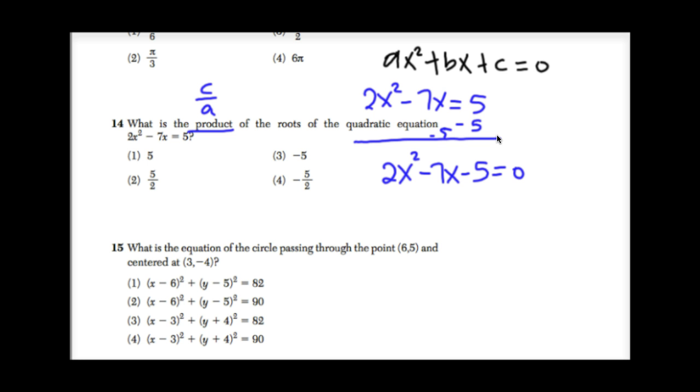Knowing this, my a is equal to 2, my b is equal to negative 7, and my c is equal to negative 5. The product now says that your product is actually c, which is negative 5, over 2, which is choice 4.